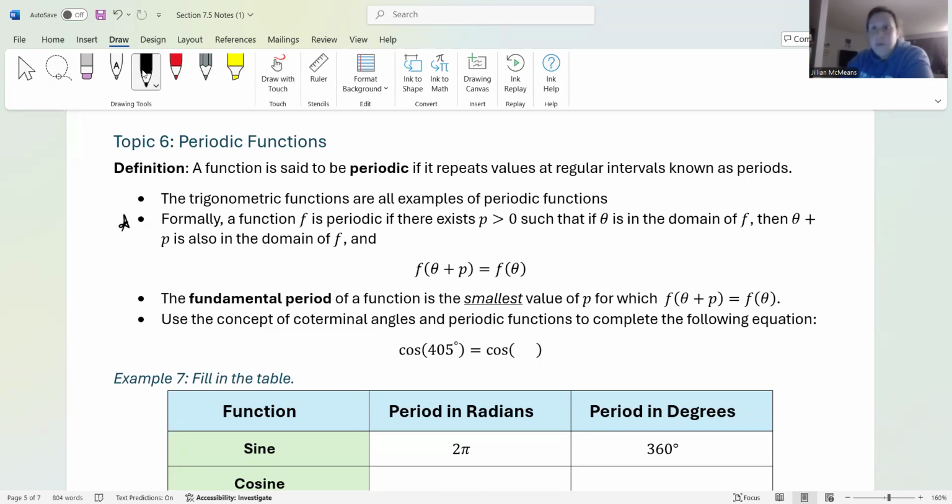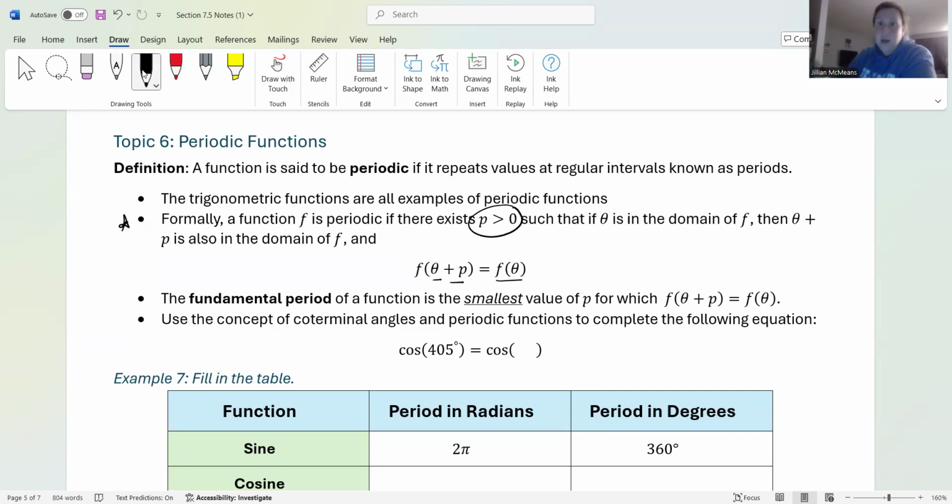Basically, there's some value for p that if we take our theta and add p, we end up at exactly the same place. We could add 2p and we'd end up at the same place. We could add 3p and we would end up at the same place.